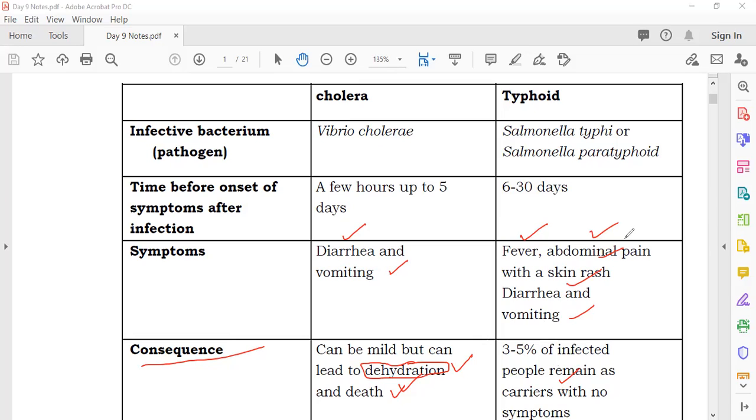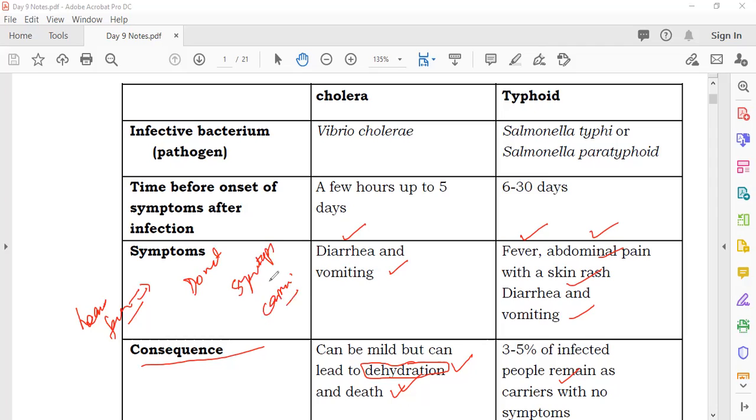For example, when COVID started, they divided people into categories: some could have a fever or other symptoms of corona, and some didn't have any signs or symptoms and were just carriers.